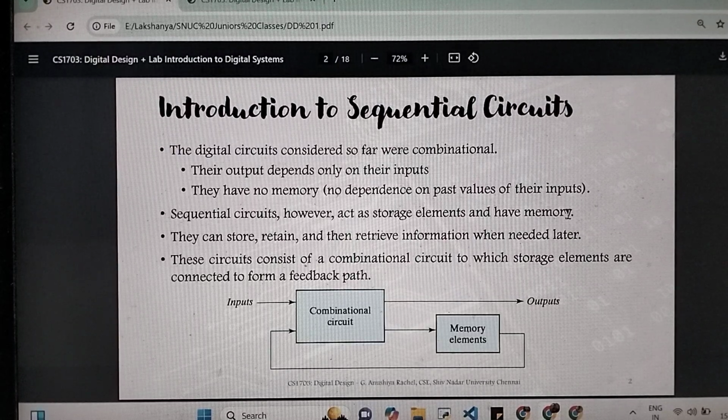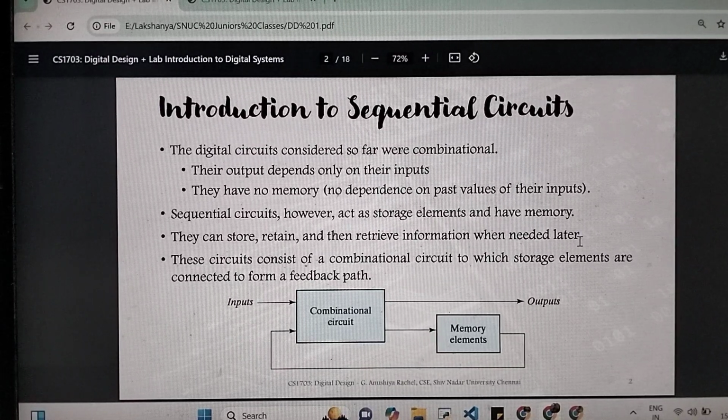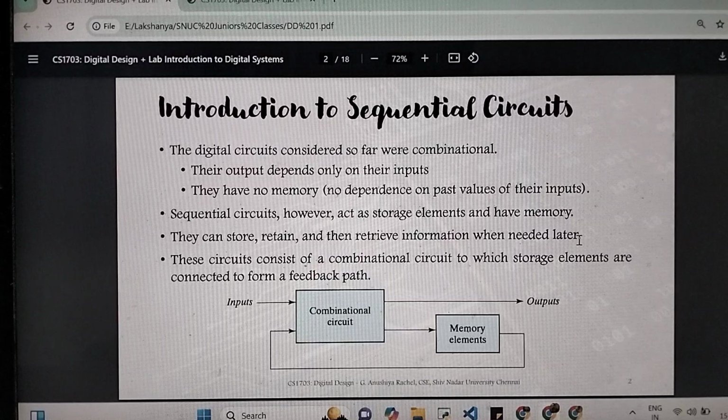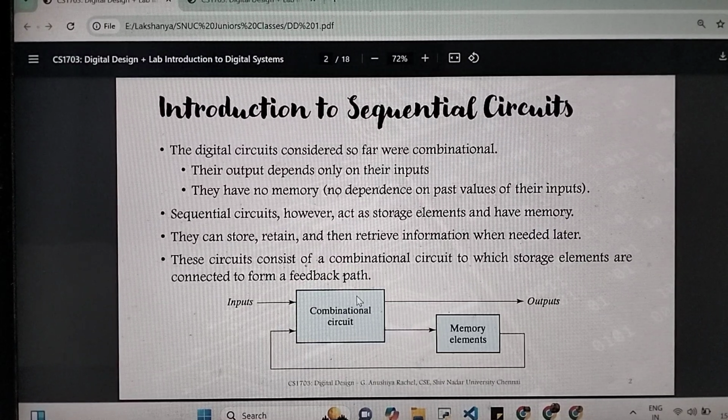The point I am trying to drive home is, in a sequential circuit, the state is what is being remembered, or what acts as a memory, and the output as well as the next state depend both on the input given as well as the current state. So this is a very simple diagrammatic representation.